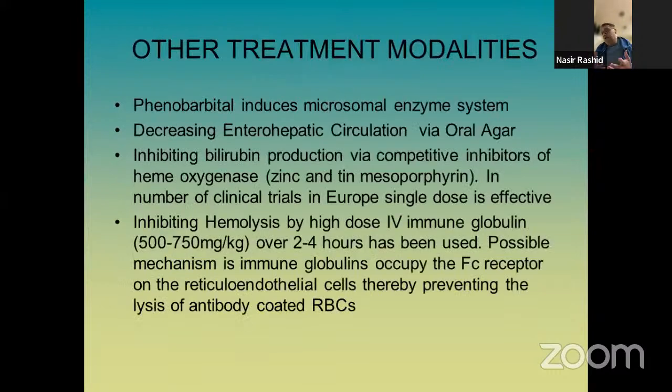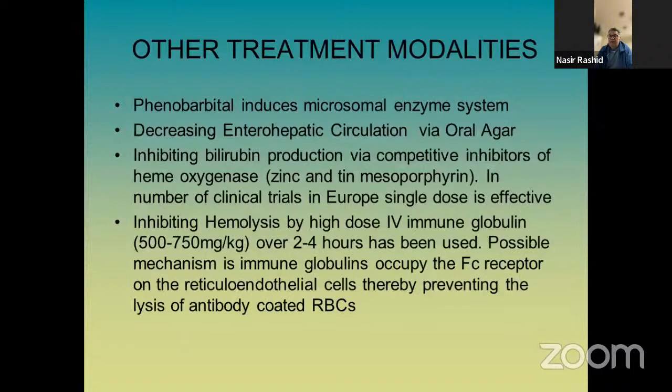Next slide, please. What are the other treatment modalities for jaundice? Again, as I said, some people use phenobarbital. It's reserved only, in the United States setup, for infants who are diagnosed with Gilbert syndrome or Crigler-Najjar syndrome type 2. Otherwise, for other non-physiological hyperbilirubinemia, we do not give phenobarbital.